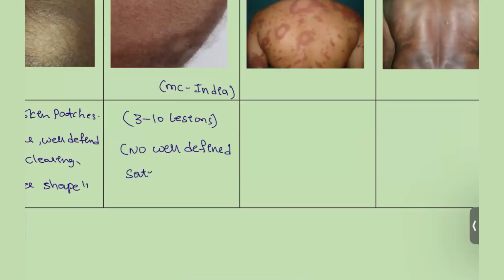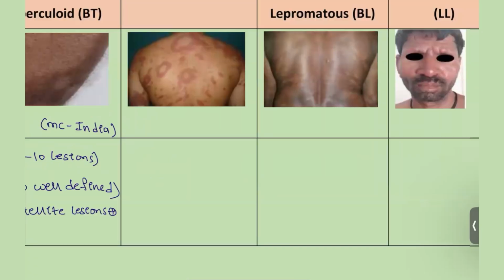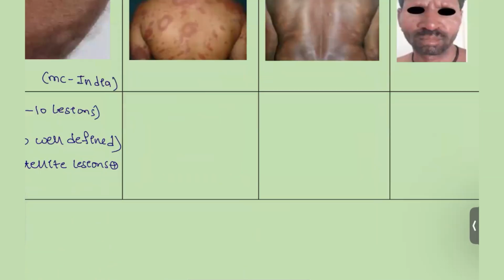Next, moving on to the borderline type, which mostly contains more than 10 lesions, map-like or geography-like lesions in appearance, and punched out sign is seen here.